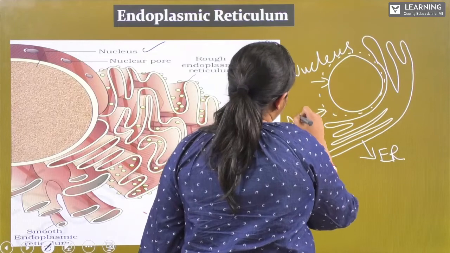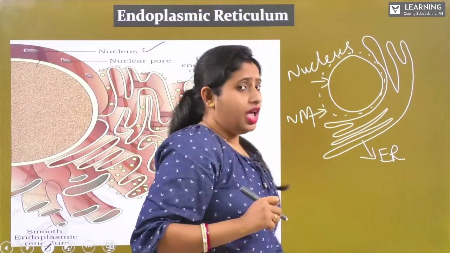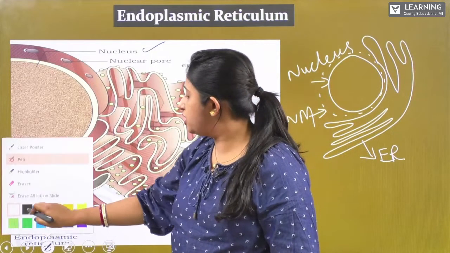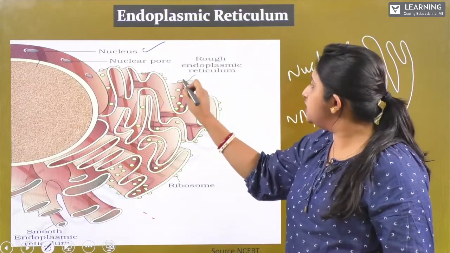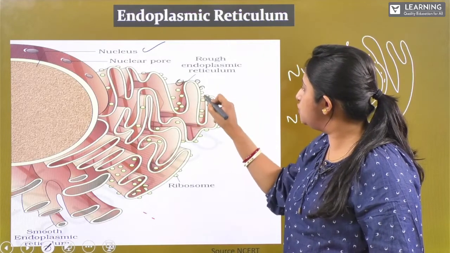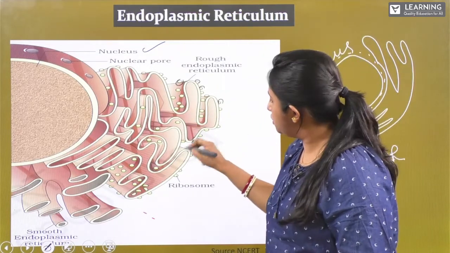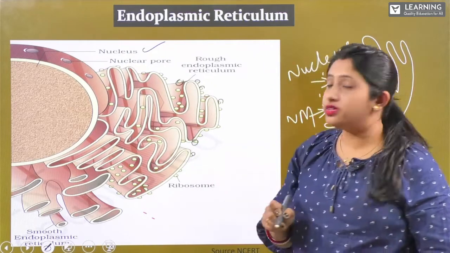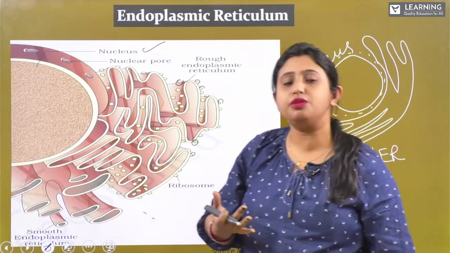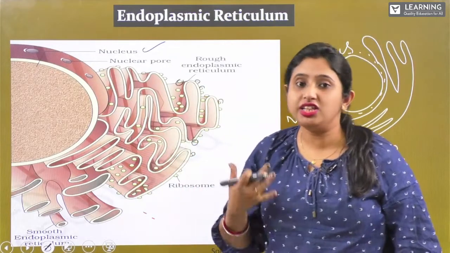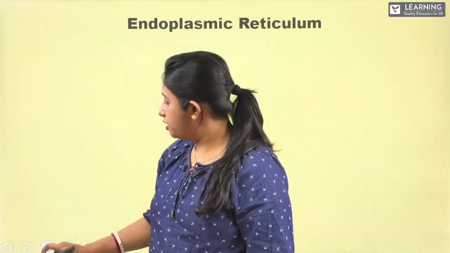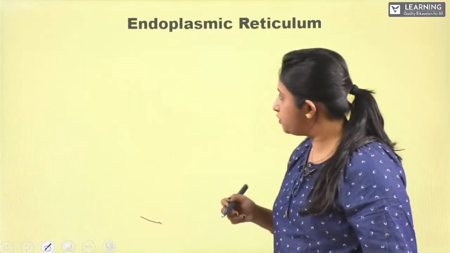All right, this will be the nuclear membrane, and near the nuclear membrane you will see the nuclear pores too. See, these are the ribosomes which are attached to the endoplasmic reticulum. There are some ribosomes attached to the endoplasmic reticulum, and there are some ribosomes which are free in the cytoplasm. So let's see the diagram of this endoplasmic reticulum, okay?